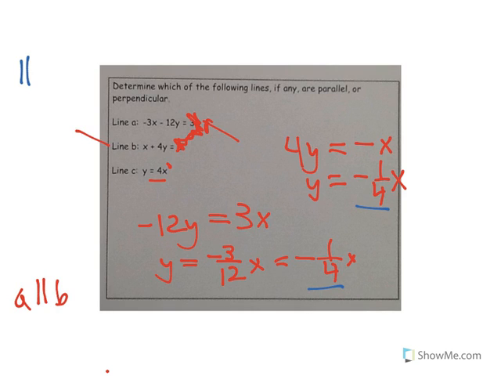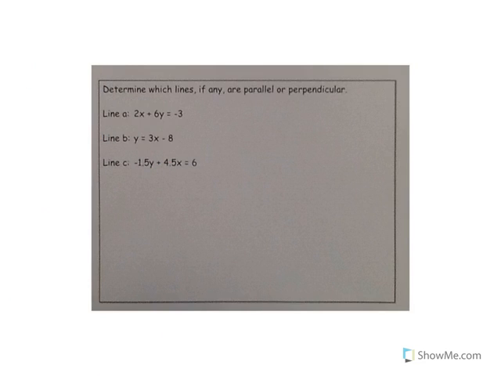And then when I look at this equation here, the -4 is the negative reciprocal of -1/4, because 4/1, the negative reciprocal is going to be a negative sign, and then -1/4. Remember, reciprocal means just flip the fraction. So A is going to be perpendicular to C, and B is going to be perpendicular to C also. So that's how it works in terms of those sorts of problems.